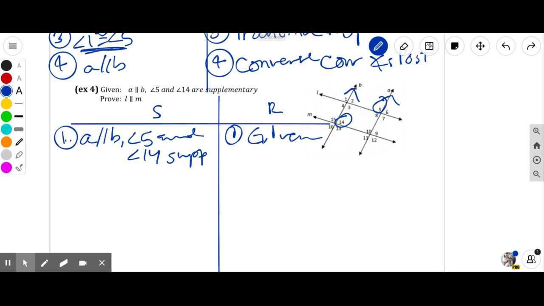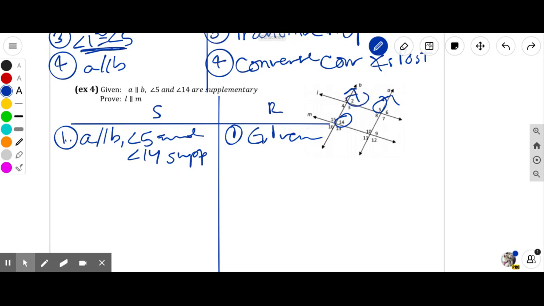You really have to pay attention to which angles you're given are parallel. And so just like the last one, we're going to find an angle that 5 and 14 both have a relationship to. So I'm looking for one that 5 and 14, one of them is supplementary to and one of them is congruent to. There are a few different options. You want to make sure that the first thing you say is using A and B as the parallel lines.